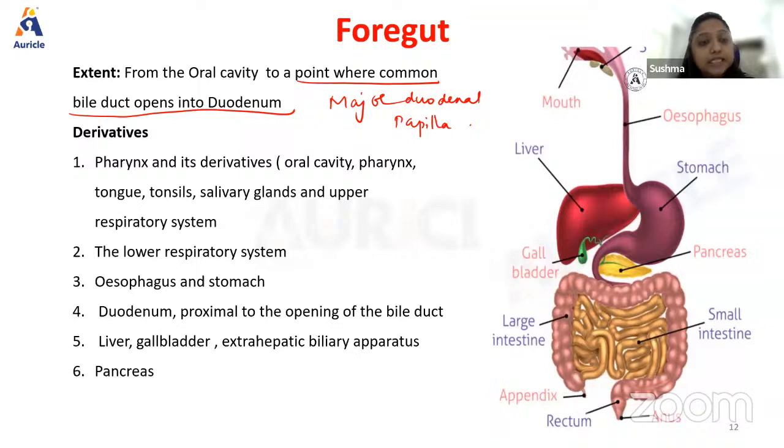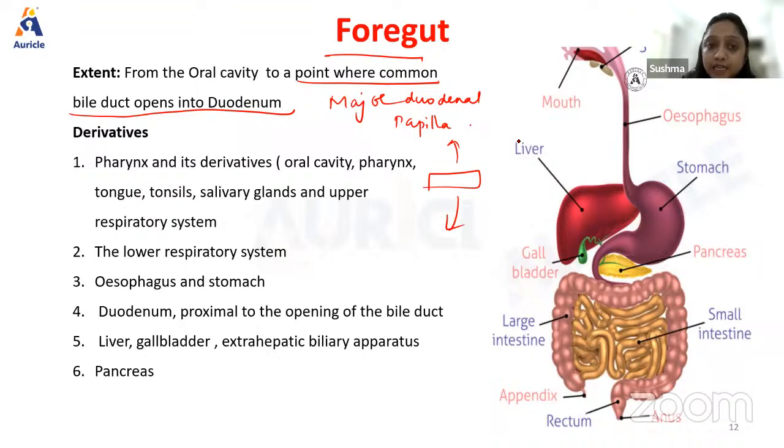The ligament of Treitz is that one structure which decides whether it is an upper GI bleed or a lower GI bleed. All of us make a mistake in this and think that the extent of the foregut is the ligament of Treitz, but it's not. The ligament of Treitz decides whether the bleed is an upper or lower GI bleed.